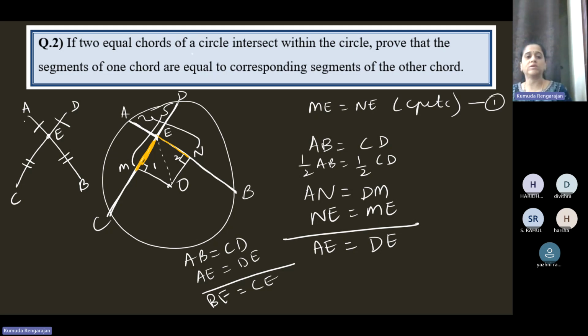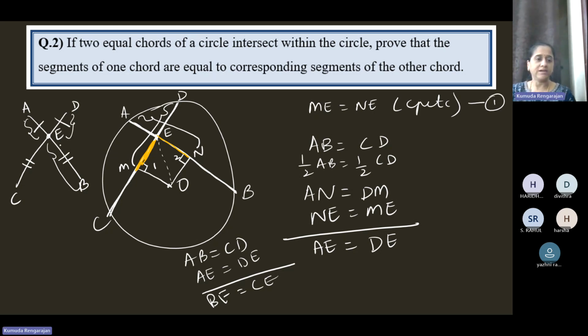So if two equal chords, you can see the figure here, two equal chords of a circle intersect within the circle, prove that the segments of one chord, see I've marked it here. AB is one chord, right? AE and EB are the segments of one chord.